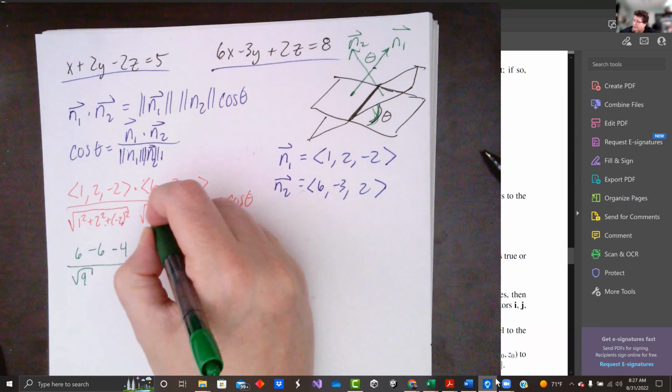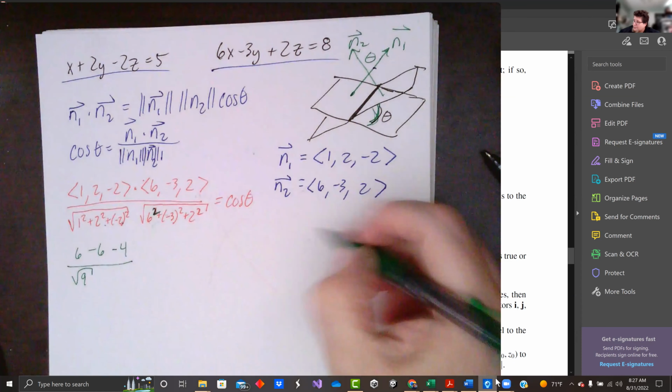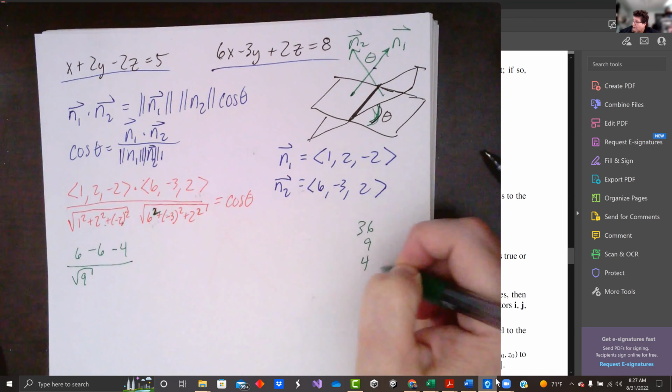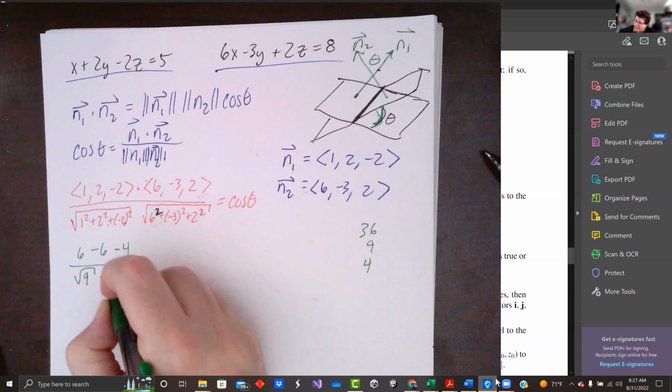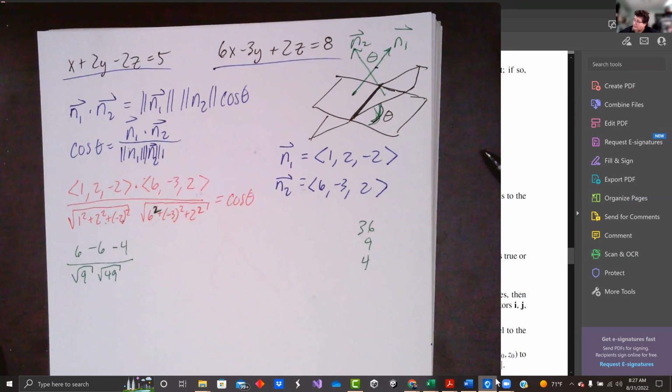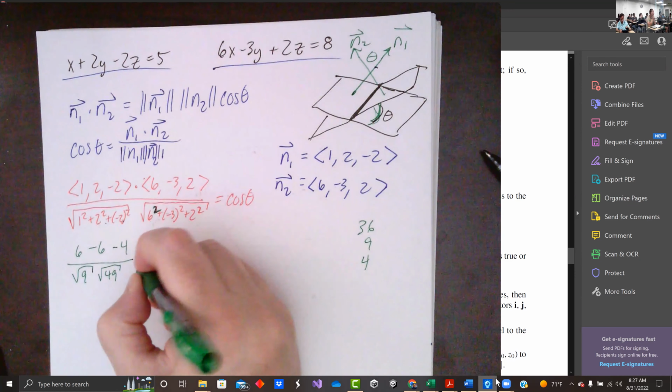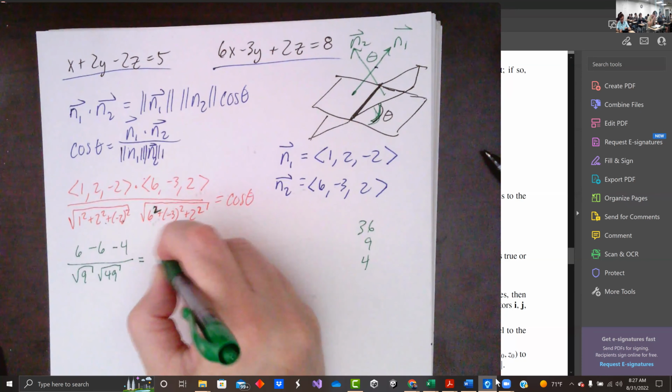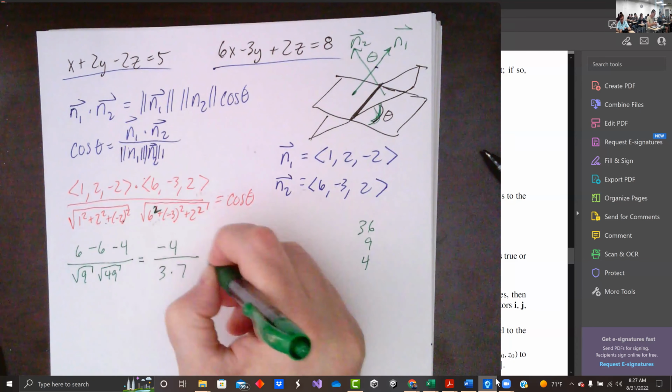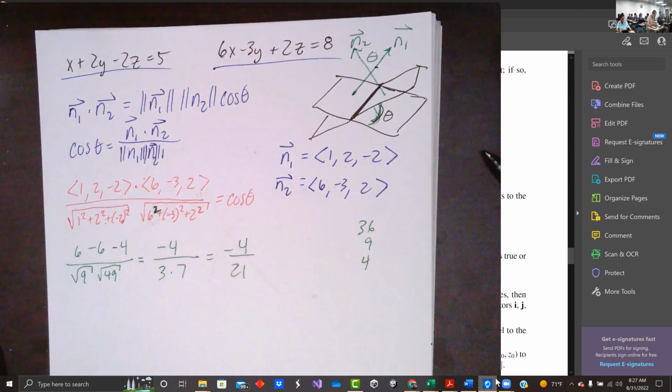Then 6 squared: 36 plus 9 plus 4 is the square root of 49. Nice and easy. That's my cosine theta.